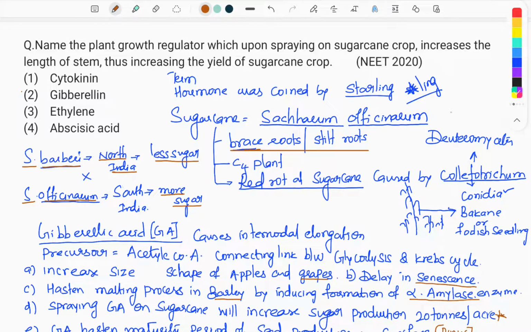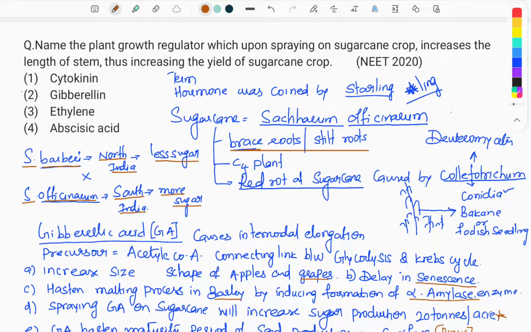So we crossed both and produced a new variety that can grow in both southern and northern India and produces more sugar. So this is something about Saccharum officinarum, the sugar cane.